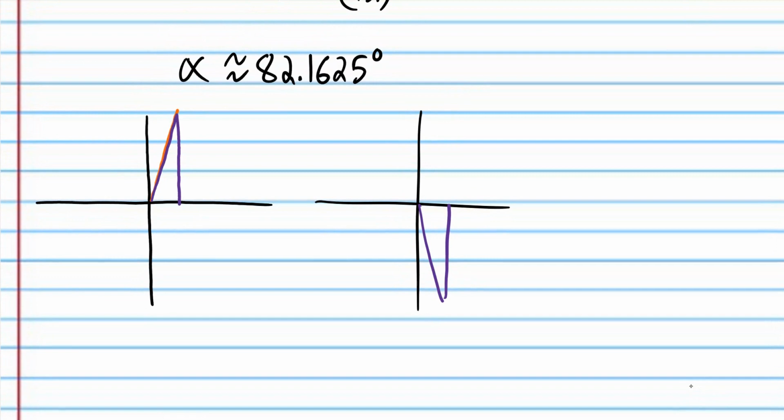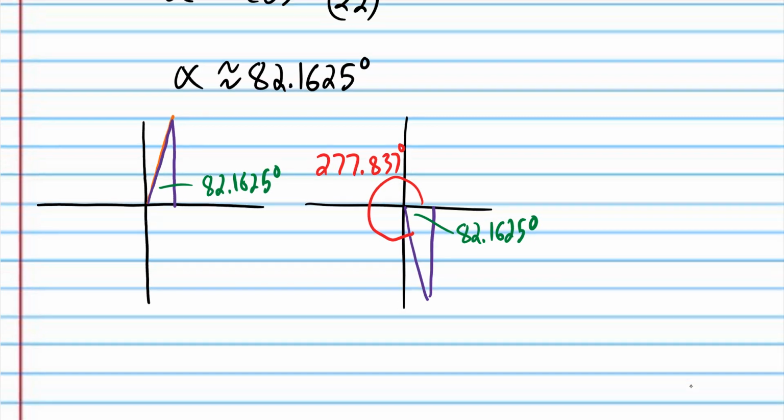And the reference angles are 82.1625 degrees, and down here again the reference angle is 82.1625 degrees, but over here the actual angle is 360 minus that number, which is 277.837 degrees.